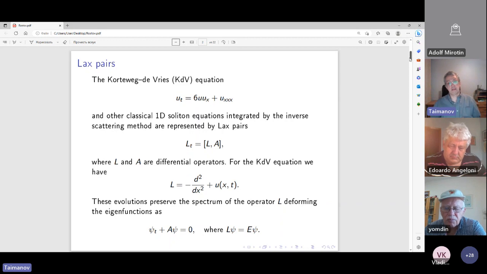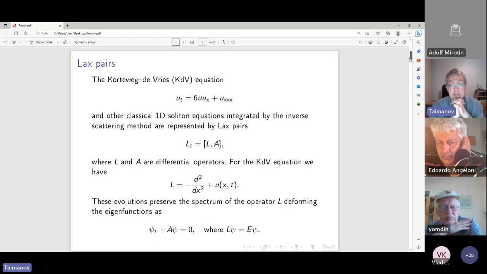So that was also used after that for finite dimensional systems. In this case, we take matrix operators L and A, and for the matrix L, the traces of L and all its powers are preserved by this deformation.